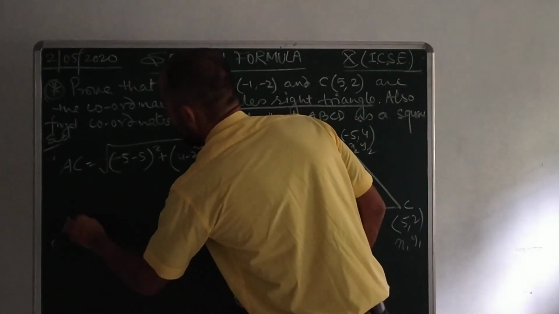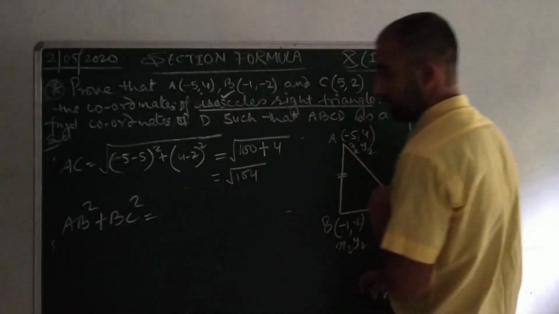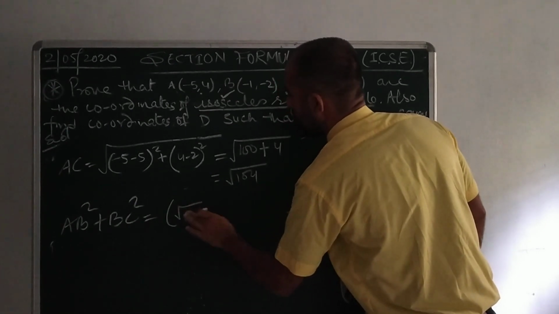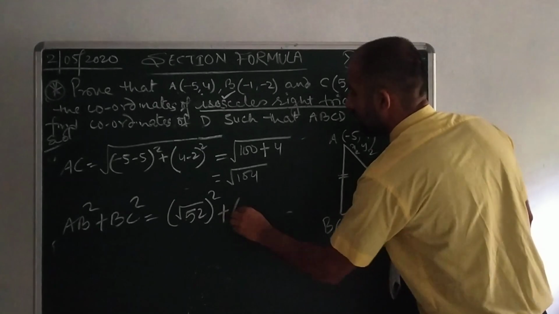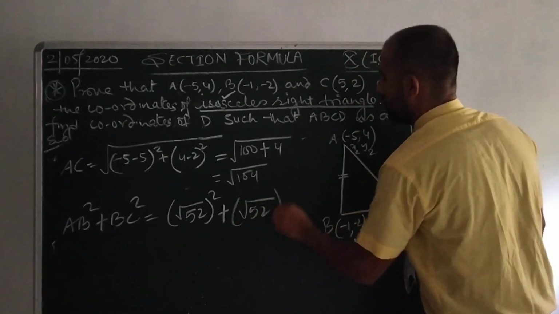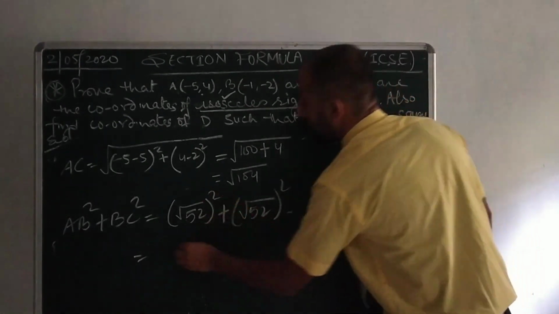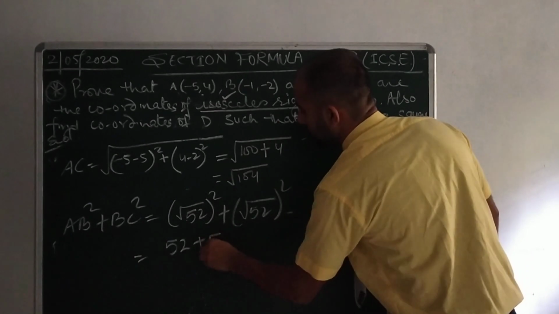Okay, let's go for AB square plus BC square. What will we get? AB, how much did we get? Root 52 whole square. BC also we got root 52 whole square. Root 52 whole square means 52, plus root 52 whole square means 52.